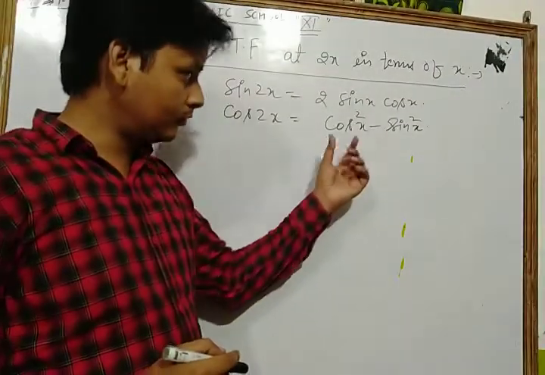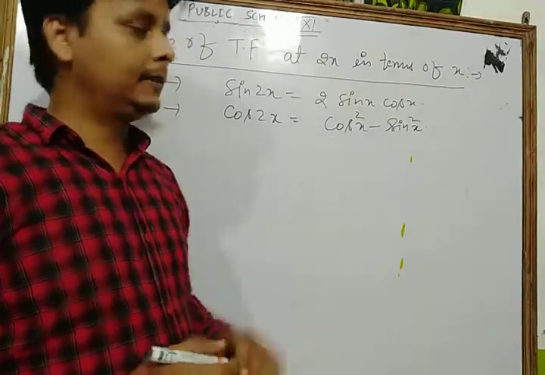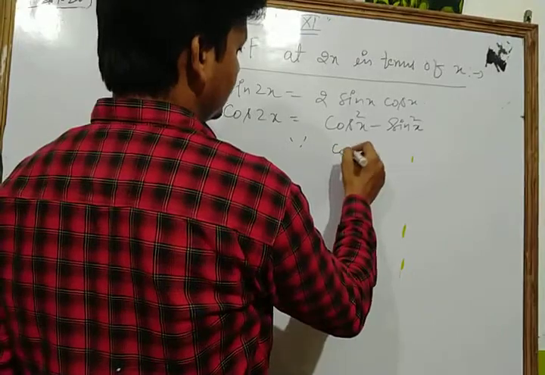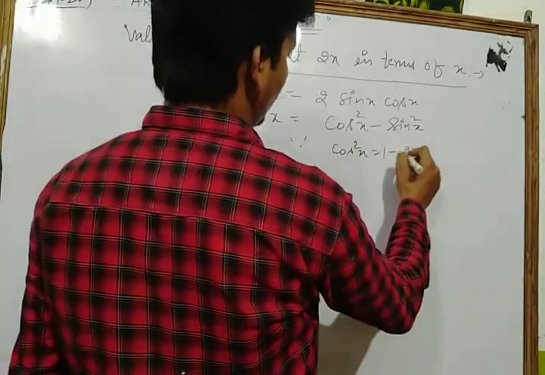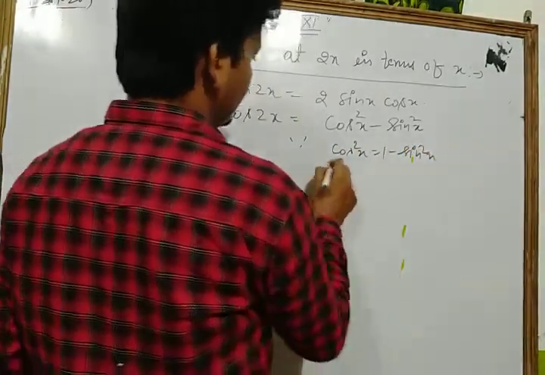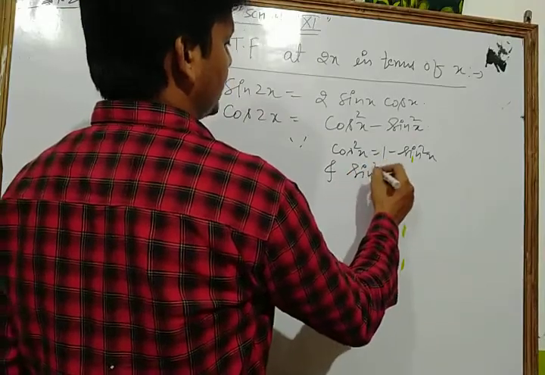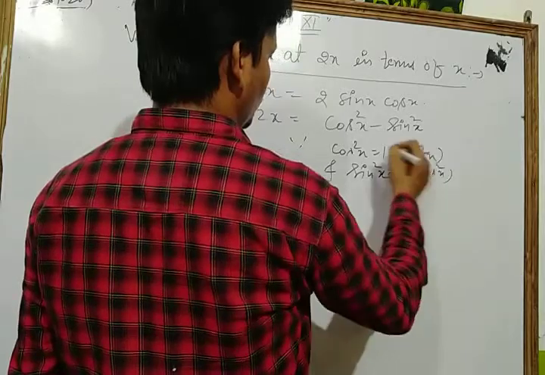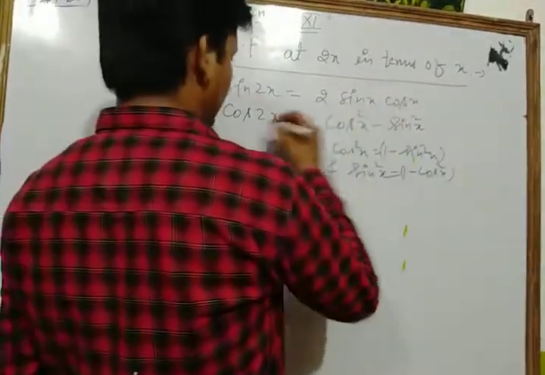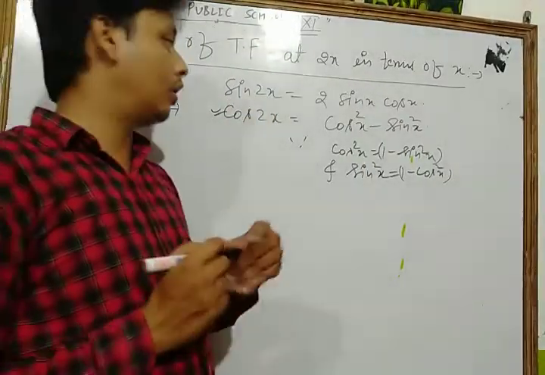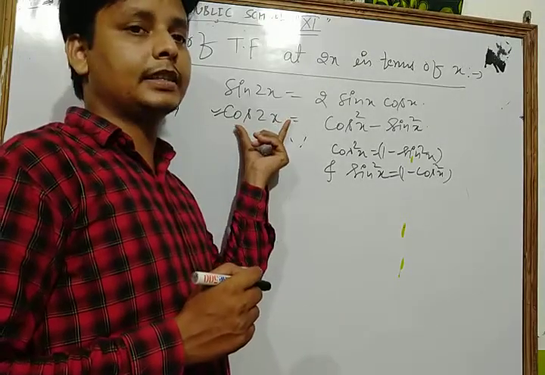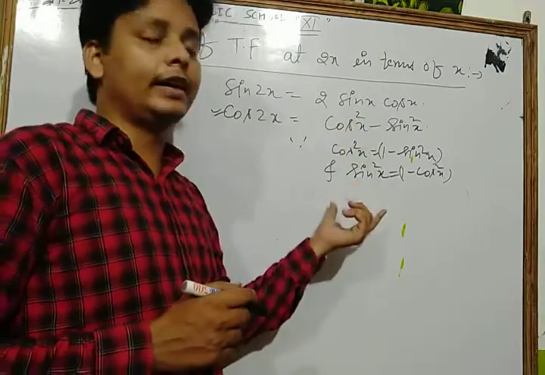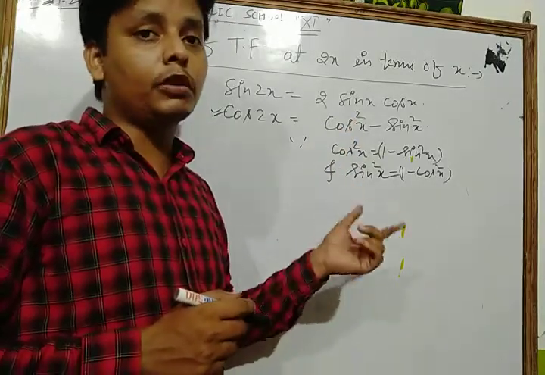Okay, and let's see, since we know that cos square x is equal to 1 minus sin square x, and sin square x is equal to 1 minus cos square x, the formula for cos 2x can be determined in the form of cos square x and in the form of sin square x.